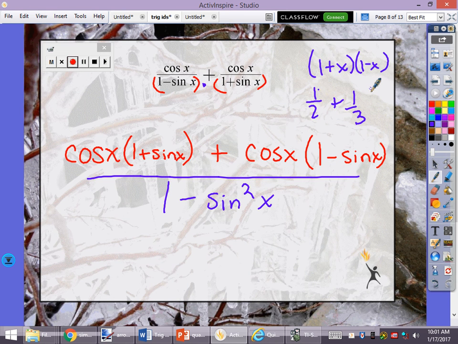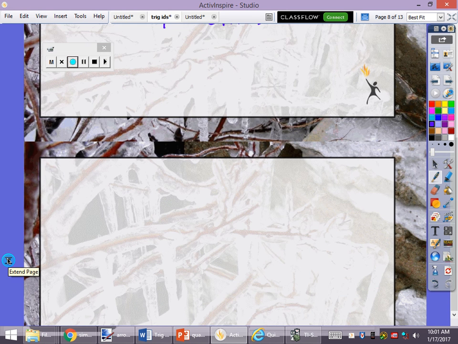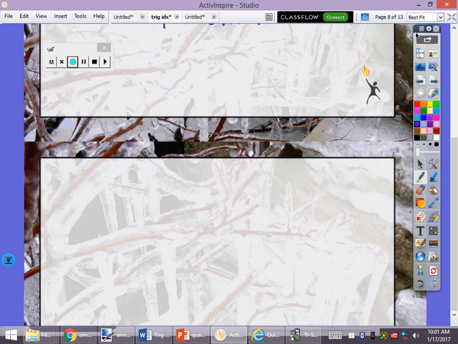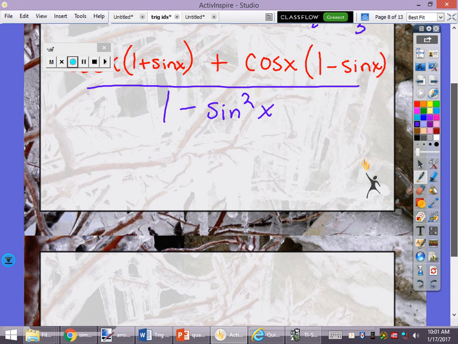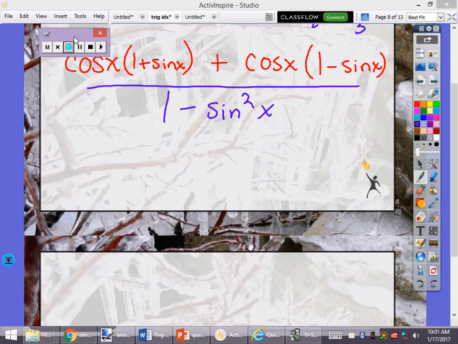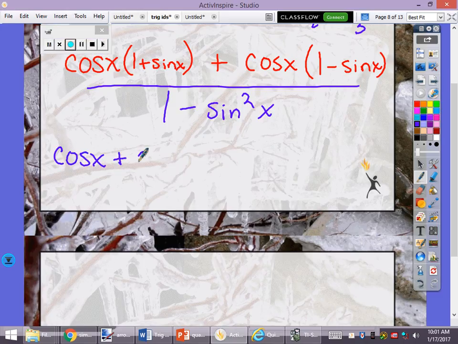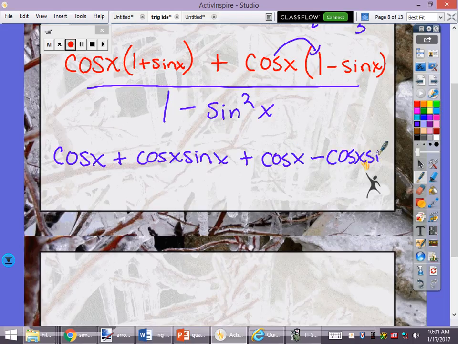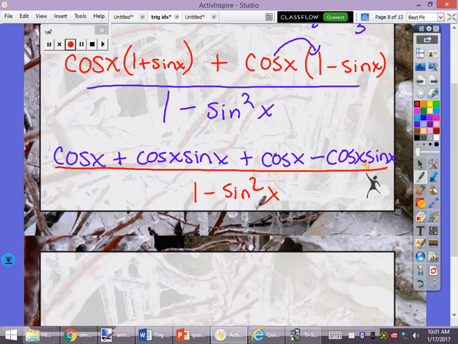All right, now I'm going to distribute. I get cosine x plus cosine x sine x plus, distribute again, cosine x minus cosine x sine x. And on the bottom, 1 minus sine squared x.